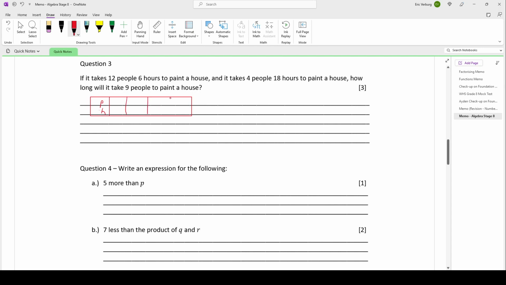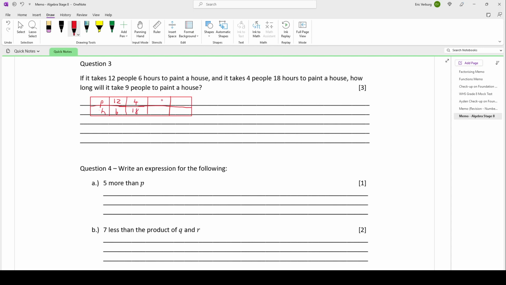I suppose it doesn't matter how well I draw the lines. Let me just do one more biggish line down here. Okay, it doesn't matter.